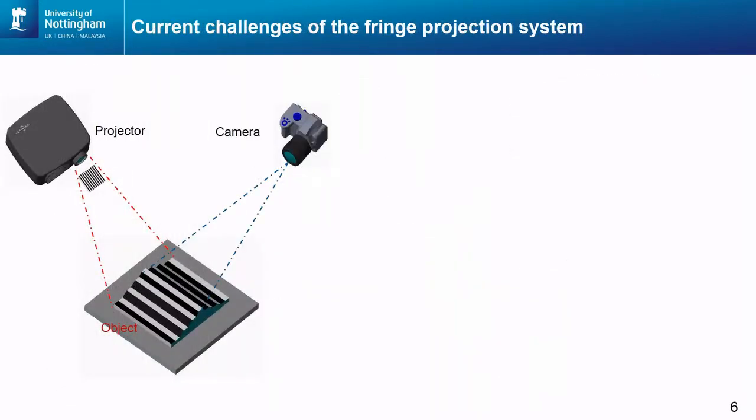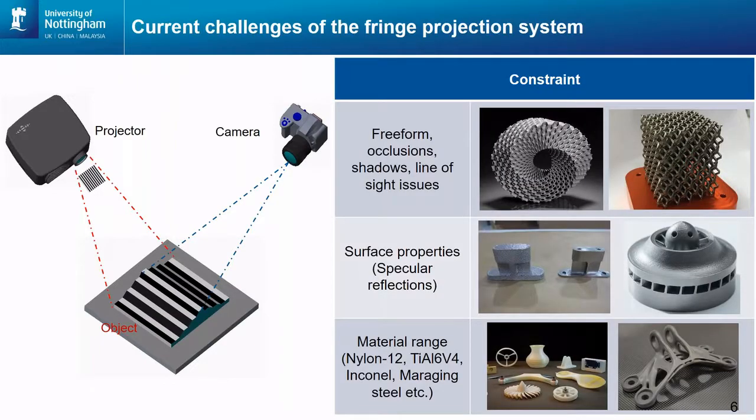Single camera-projector based systems have the issue of not getting the full form of AM parts in one acquisition because of small depth of field, multiple occlusions, shadows, and line of sight issues. For structures like lattices, it's difficult to acquire the form because we cannot eliminate those occluded areas.